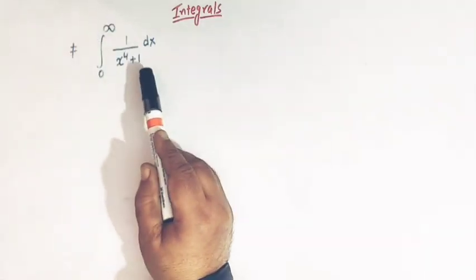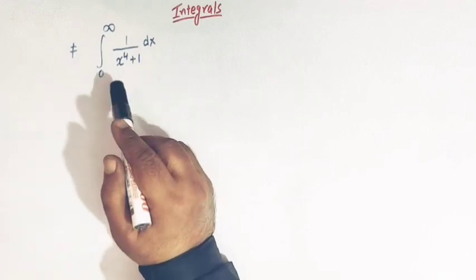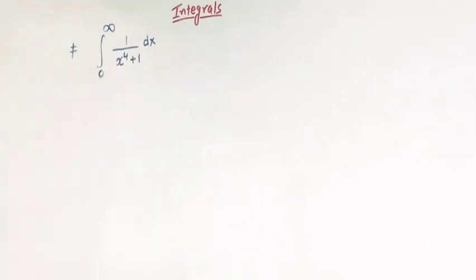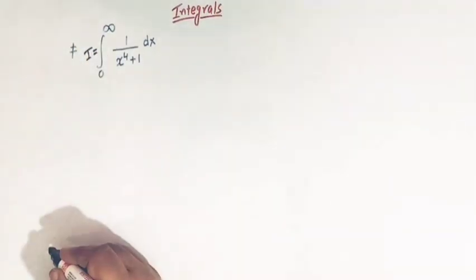We can solve this integral by the method of contour integration, and we can also apply the method of residues, but here we'll make use of the concept of beta and gamma functions, right? So let us start. Let us first take this integral as I.